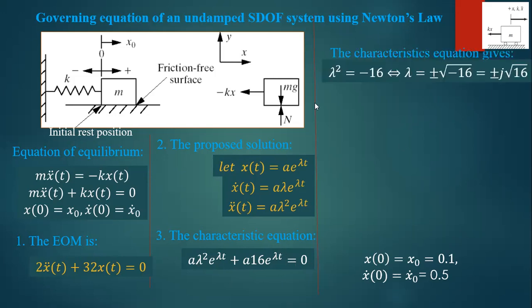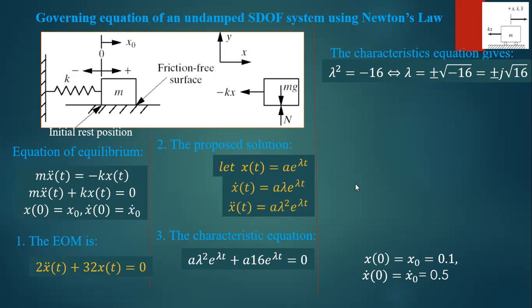So the characteristic equation from this is lambda square equals minus 16. This implies that lambda is equal to plus or minus j 4, where j is the complex number representation.